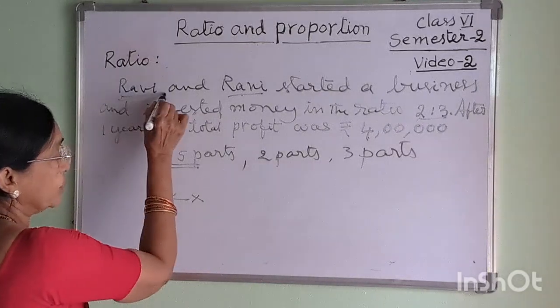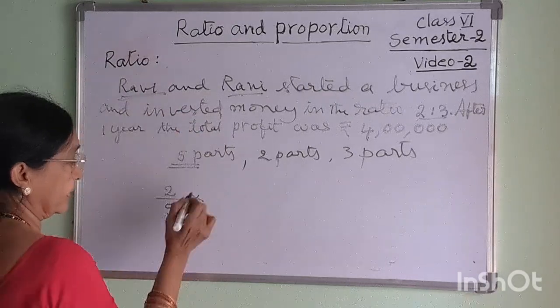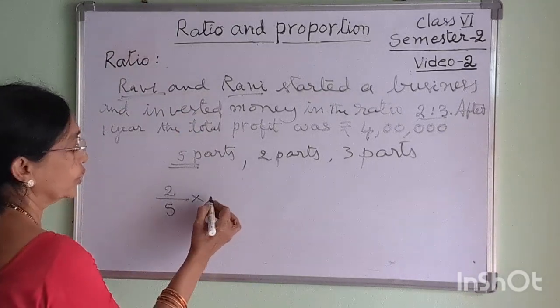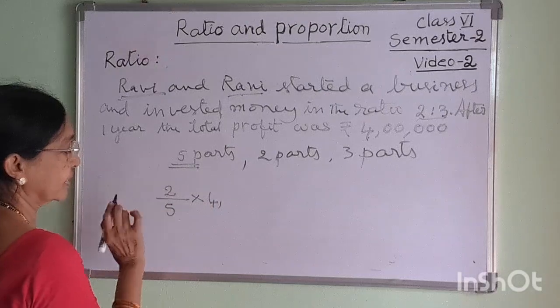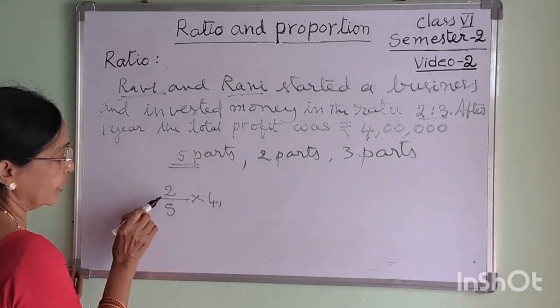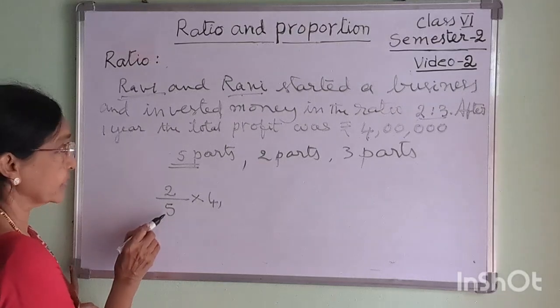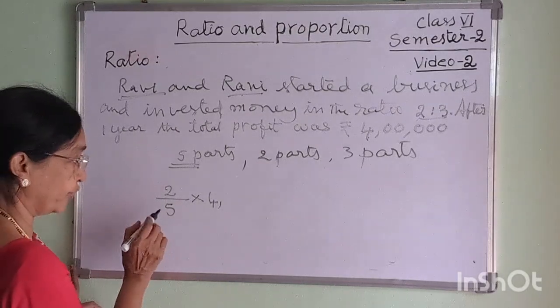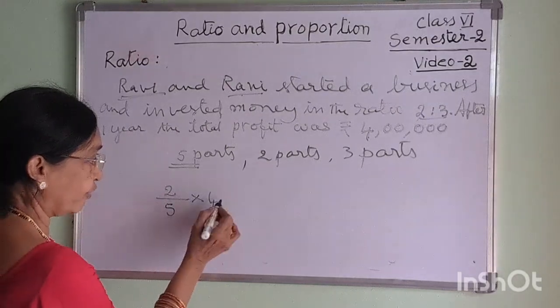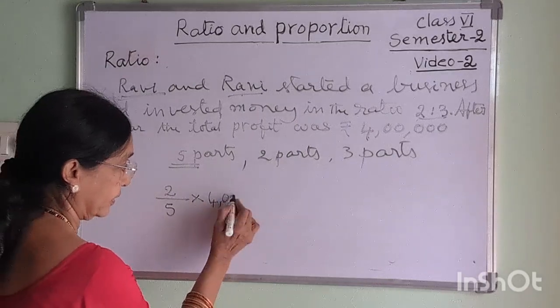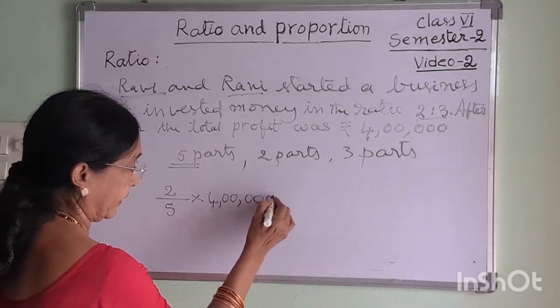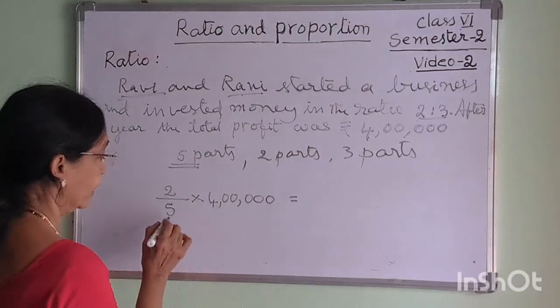So Ravi gets 2/5 of the total profit, because his investment is 2 parts out of 5 parts. Therefore, Ravi gets the profit 2/5 of 4 lakhs.